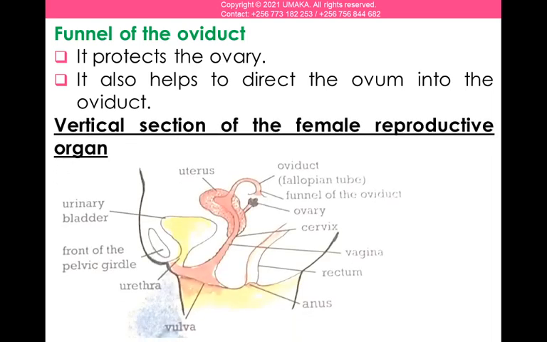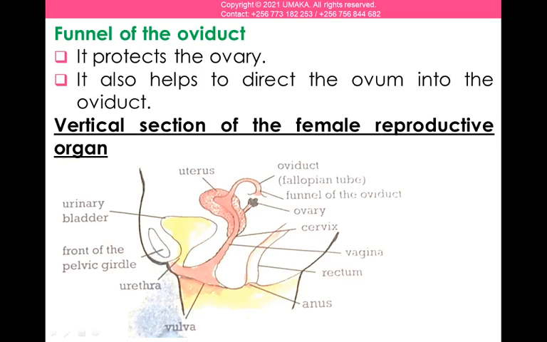Now, the other one was a cross section. This is now a vertical section of the female reproductive organ. Vertical means I drew it when I cut it from up to the bottom and I got only one side.